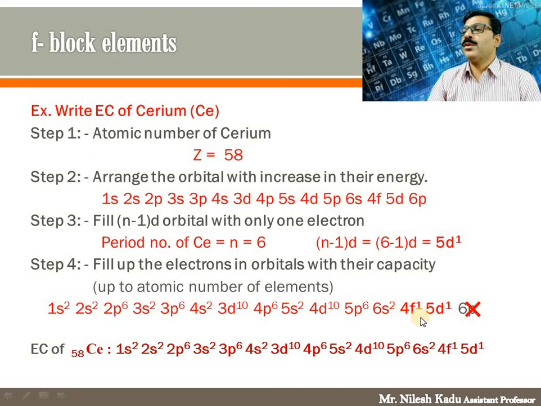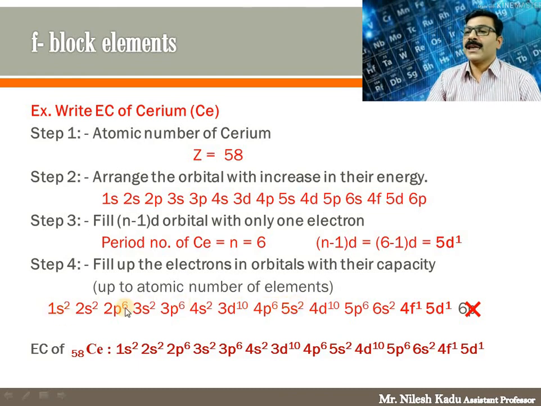And then 5d is present, and in 5d you have to fill only 1 electron. And then fill the 4f orbital with the remaining electrons. So count the total number of electrons you have to fill in the different orbitals.